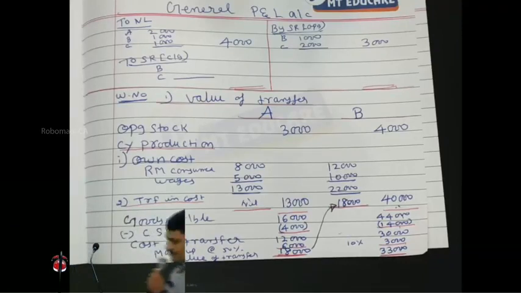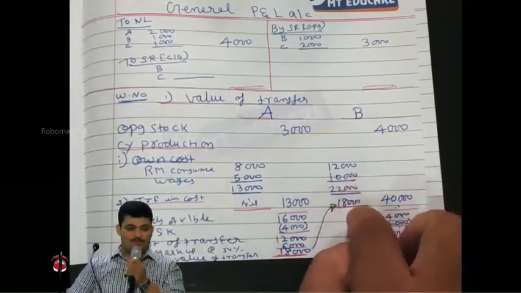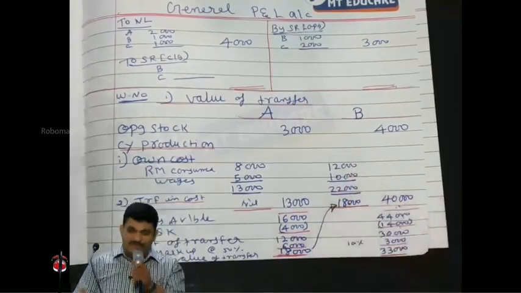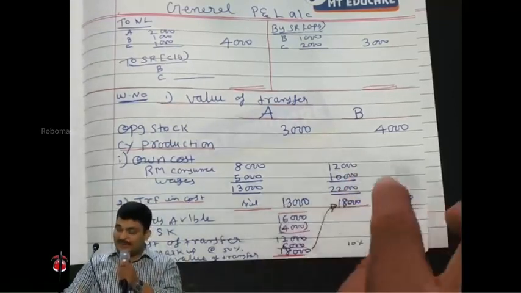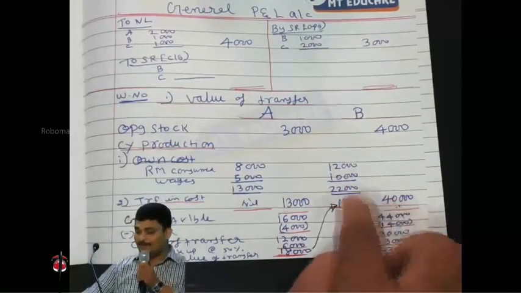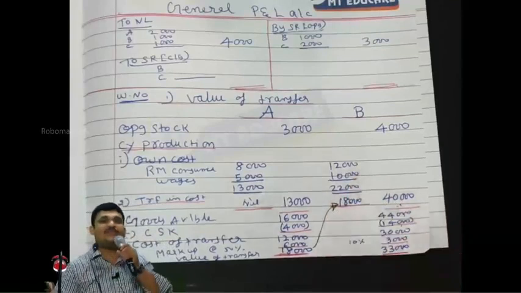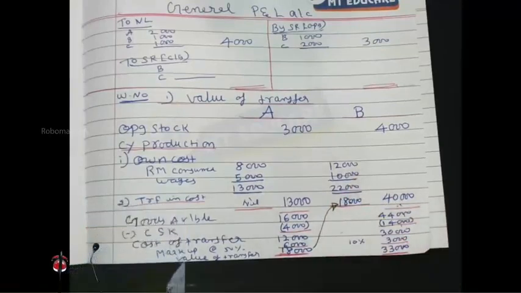Now, what is this mix? 22,000 is to 18,000, that is 11:9. Out of 40,000, what is the percentage? 55%. And what is 55%? Own cost is 55%. What is transfer in cost? 45%. Could you appreciate that?